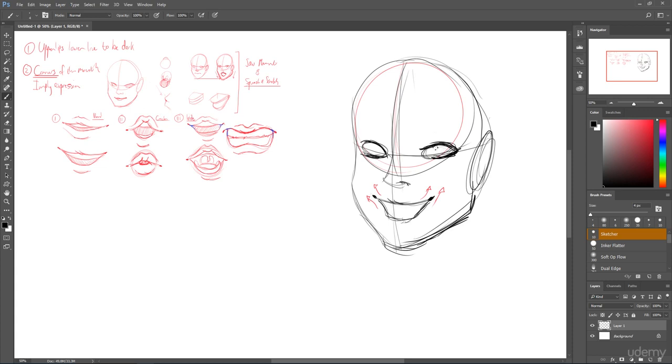So the character's eyes stay fairly neutral, and the smile is happening, but the eyes aren't indicating that they're affected by the smile. And this is called a fake smile. And a lot of the movie stars, when they're on the red carpet, will perform a fake smile because they're probably tired of smiling after a while for the cameras, and they're not actually genuinely happy. So this is a fake smile.